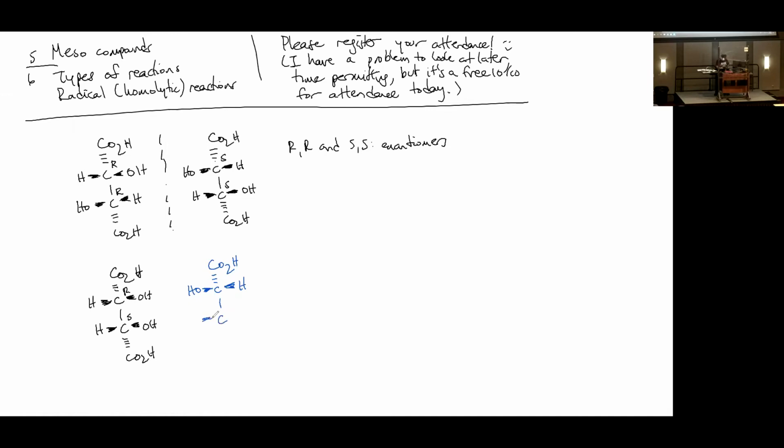Good, so we have, as I said, what appears at first like we're going to get another stereoisomer. This one would be SR. But lo and behold, when we look carefully, what we find is that these two compounds are the same thing. And there's a couple of ways you can prove that to yourself.